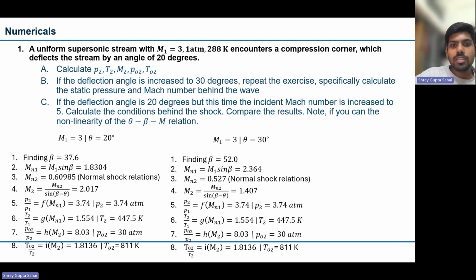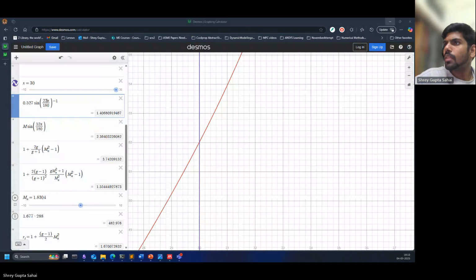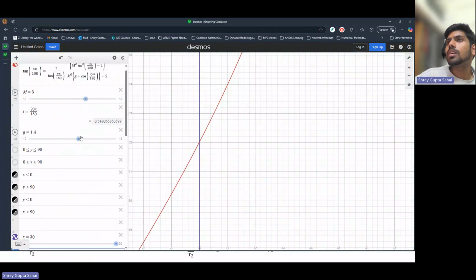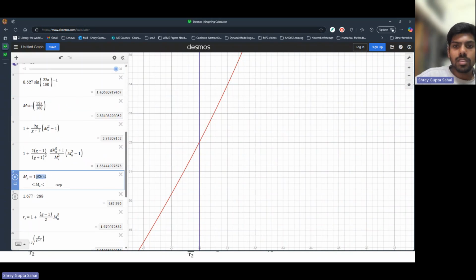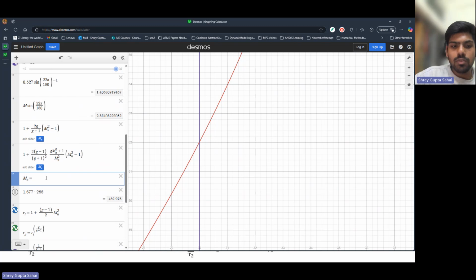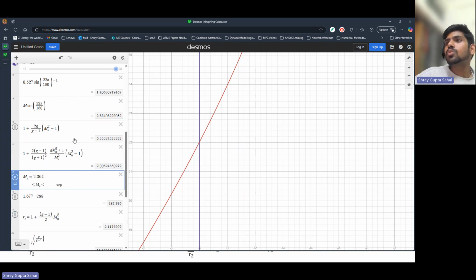Okay, now we'll find other values also. Because we wanted static pressure, let's calculate it as a function of Mn1. If I put Mn1 as 2.364, the pressure ratio I get is 6.35, and the temperature ratio is 2.